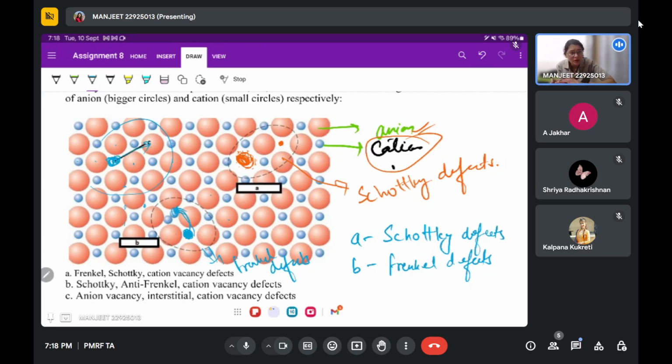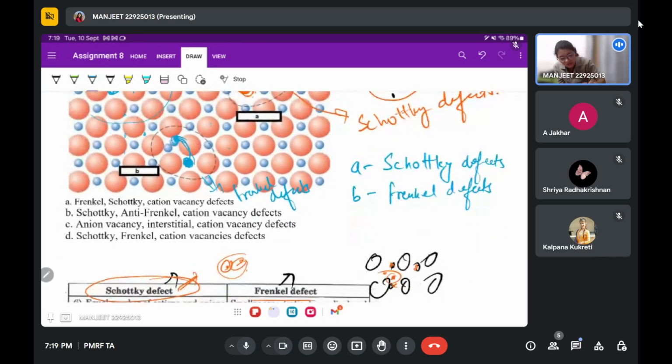So this cation is missing, which means there is a cation vacancy existing, because no anion is missing here, and the missing cation is not moving to another interstitial site. So this is the vacancy one, the cation vacancy. So C is your cation vacancy defect.